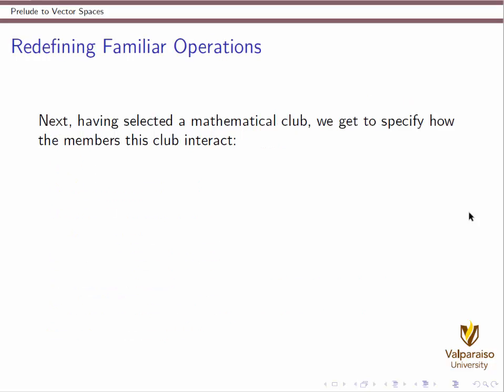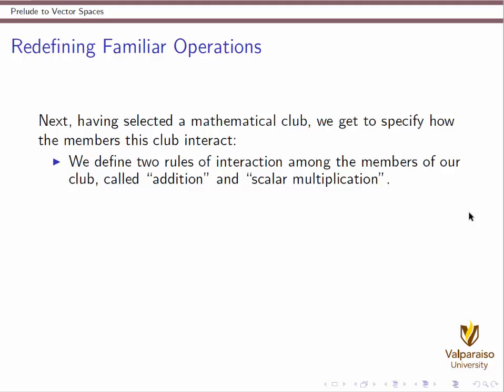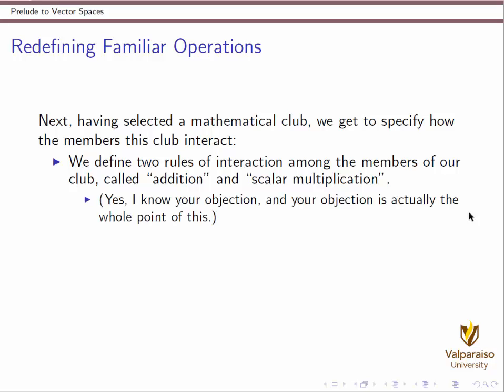Having gathered up something, some collection of stuff that's similar, what we have to do is define how the members of this club, this gathering, talk to each other. And this is going to be a little bit weird because we're going to define rules called addition and scalar multiplication. And now at this point you're saying, well, wait a minute. I already know how to do addition and I already know how to do scalar multiplication. What do you mean we're going to define these things?